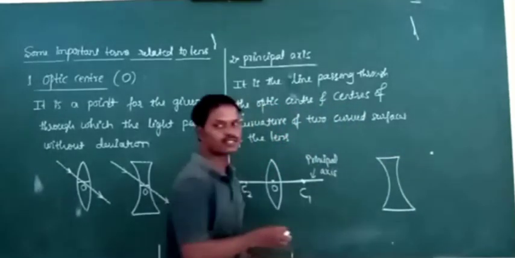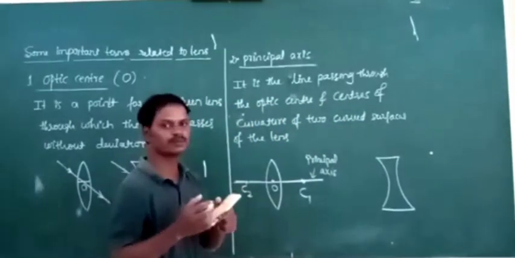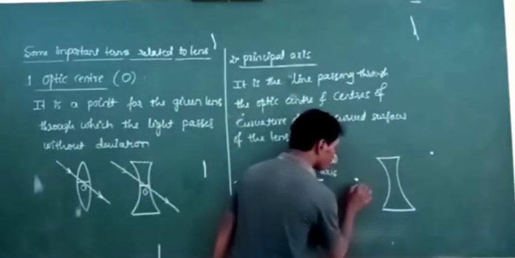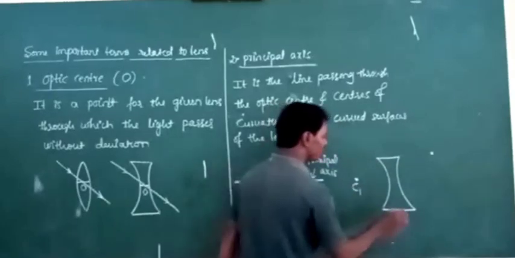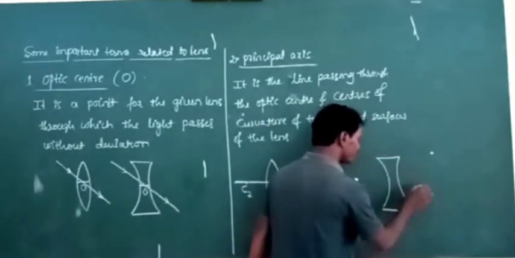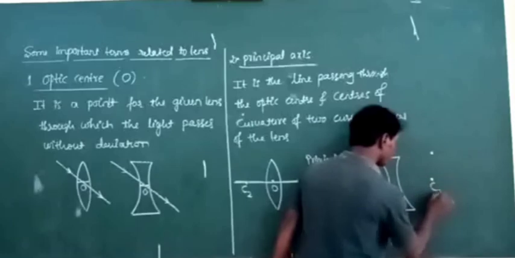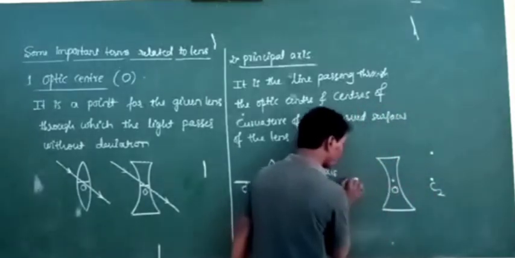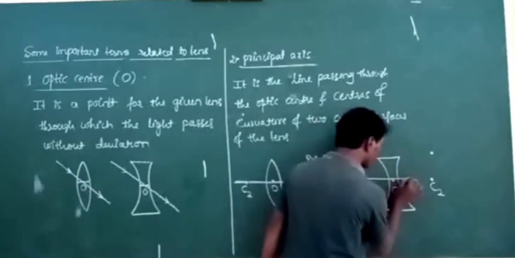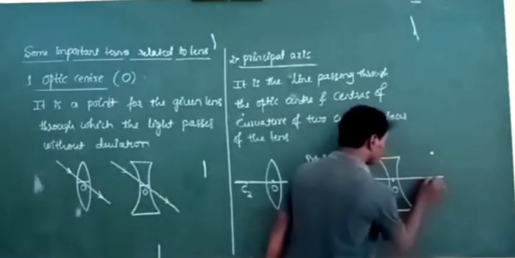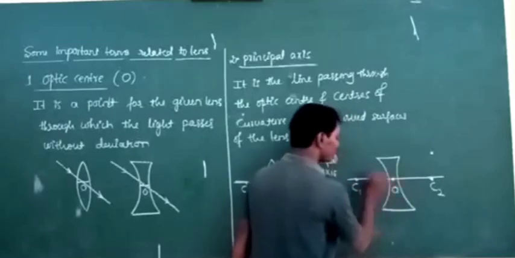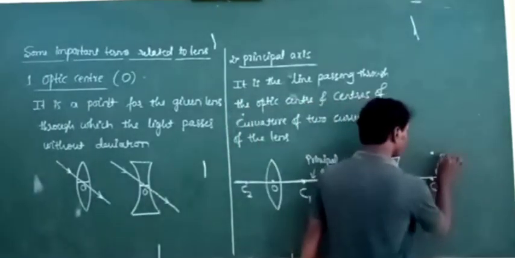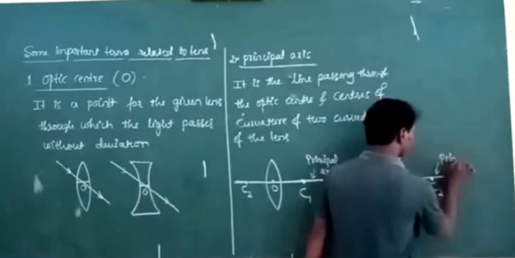And what is the center of curvature of the first curved surface here? The center of curvature of the first curved surface is at the left side, and the center of curvature of the second surface is at the right side. And here is the optic center, that is O. The line passing through the optic center and centers of curvature of the two curved surfaces of the lens is called the principal axis.